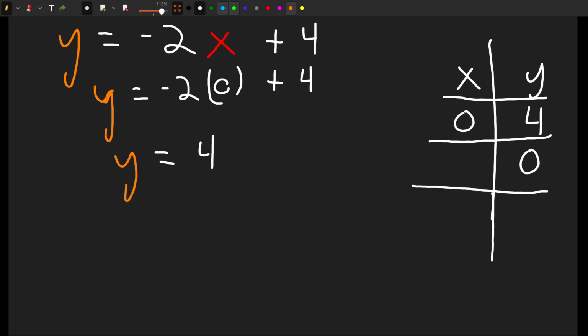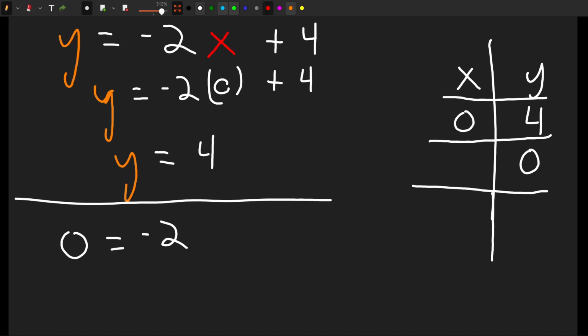And now I want to know where my x-intercept is, so I'm going to plug in 0 for y. And so that means I'm going to have 0 is now equal to negative 2x plus 4. I'm going to subtract 4 to both sides.